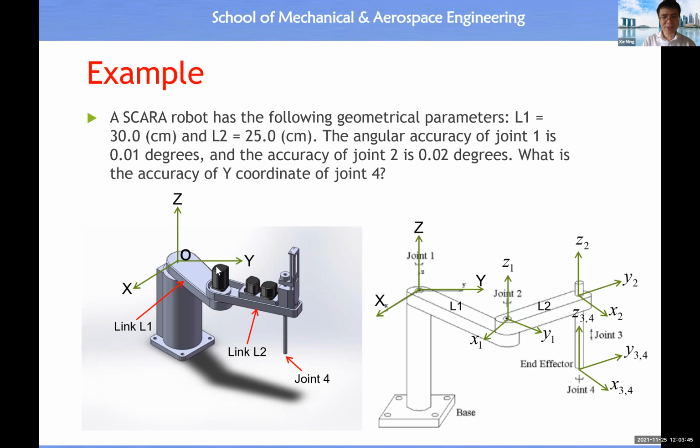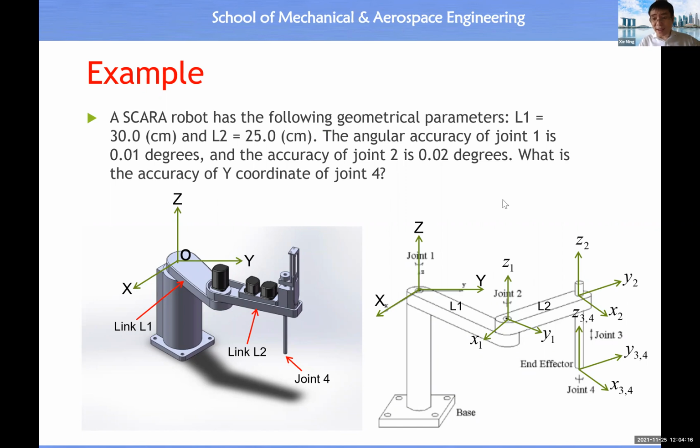In this case, we do not consider z, and do not consider x. So the accuracy of the y coordinate basically depends on the angular positions of link 1 and link 2, because it will not depend on the prismatic motion of link 3. So only link 1 and link 2 are involved in the calculation of the accuracy of the y coordinate.